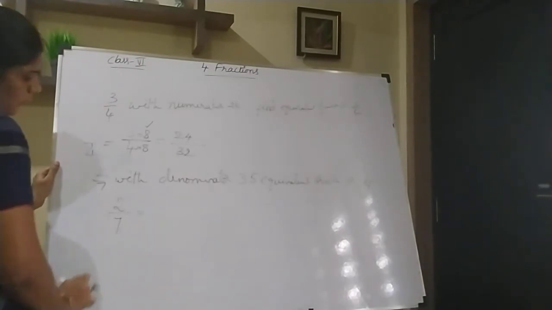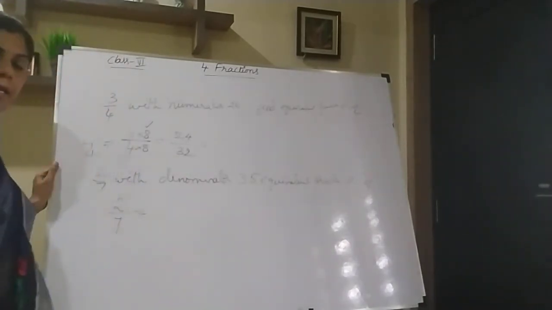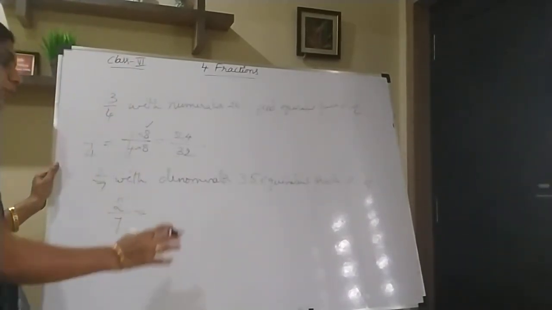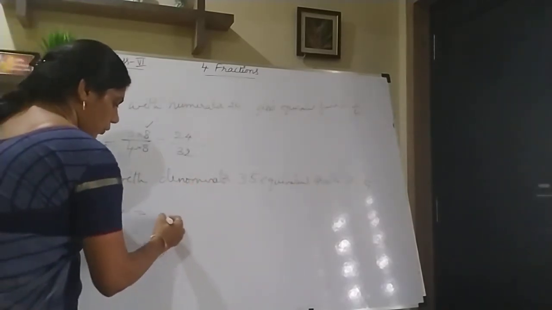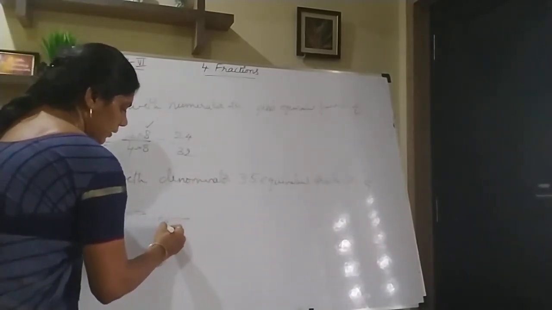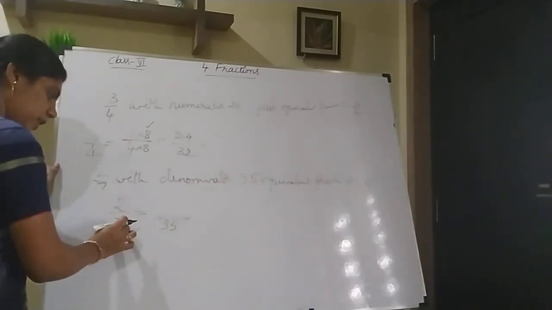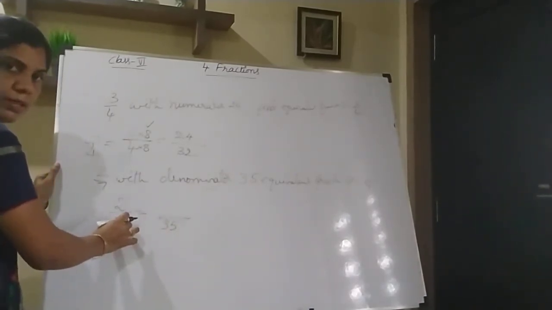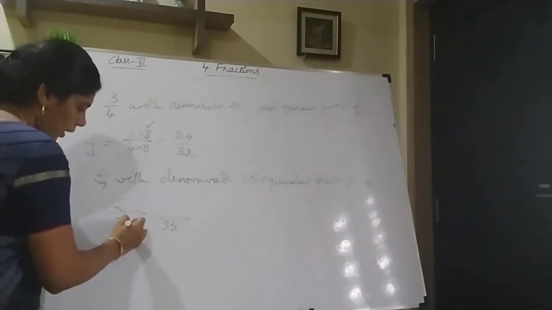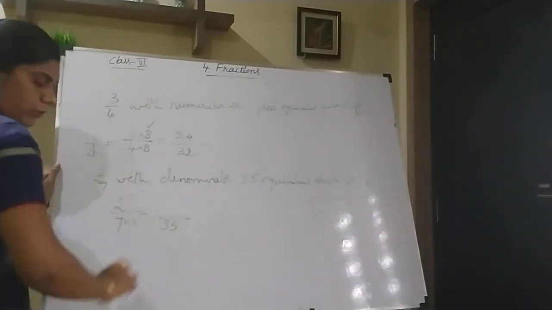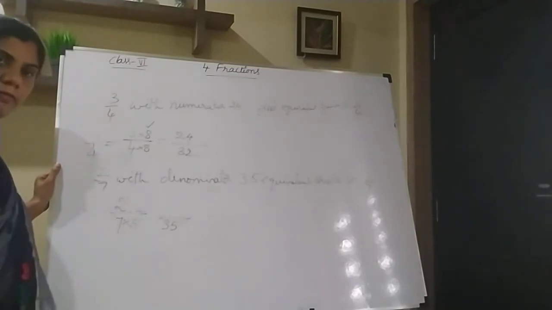So to find an equivalent fraction for this one, we have to use this clue here. So already the denominator, what have they given? 35. How did you get this 35? If you multiply 7 with 5. Okay, if you multiply 7 with 5, you will get 35 here.